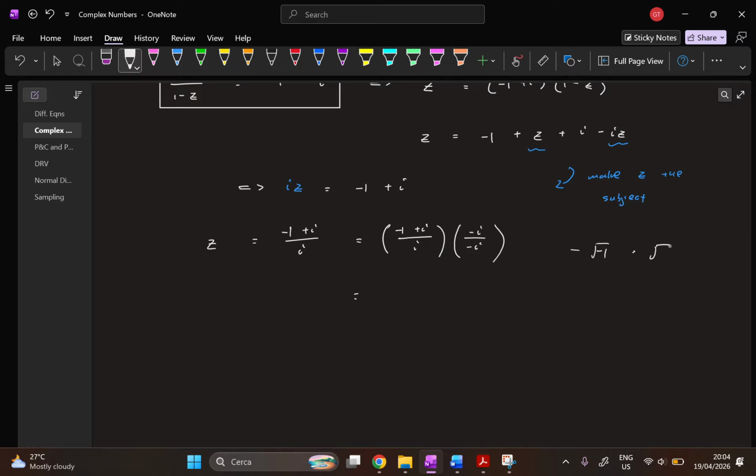So obviously, this times this is just going to equal 1. Just like how when you have a surd that's an irrational number, like root 2 times root 2 is just 2, you have irrational become rational. Likewise, if you have imaginary numbers that are the conjugate of each other, if you multiply them together, you will always get a real number.